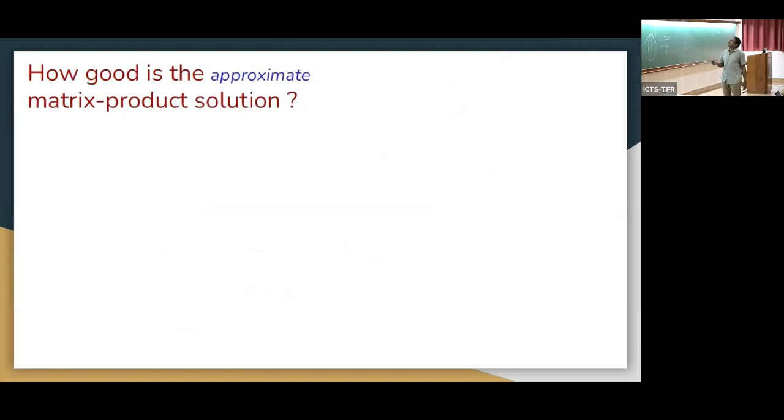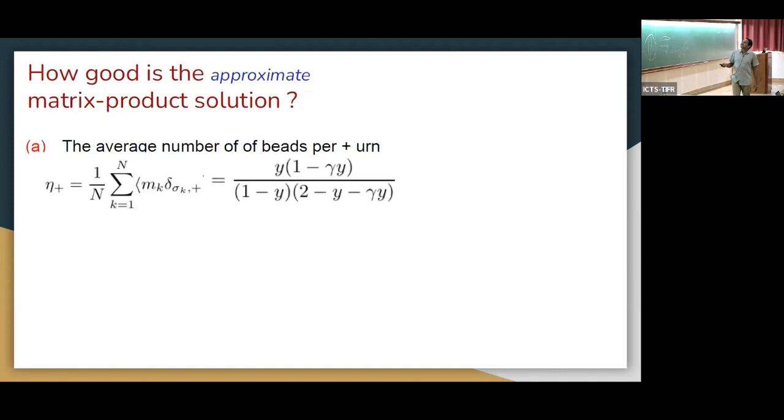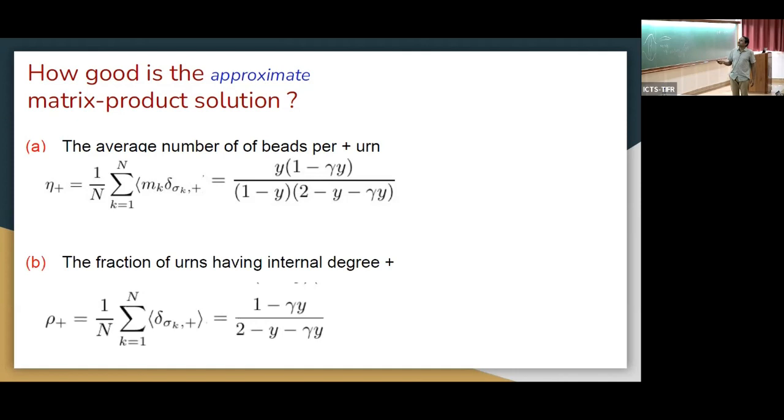So how good is this matrix product solution? Well, this is very good. To check that, we calculate two quantities. The first is the average number of beats per plus arm, so the number of beats in an arm divided by the number of plus arms, because the number of plus arms is also changing. This is a function of y, and y is a density, so you can replace it.